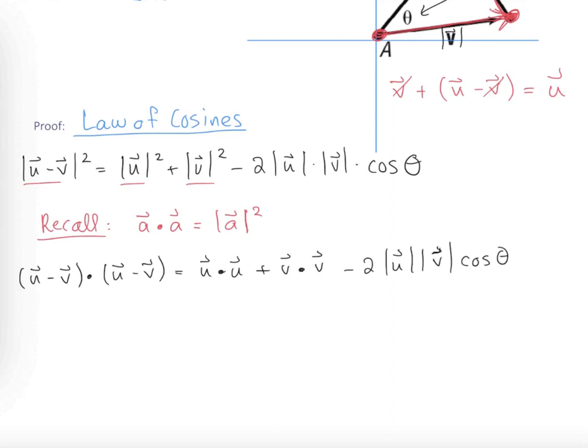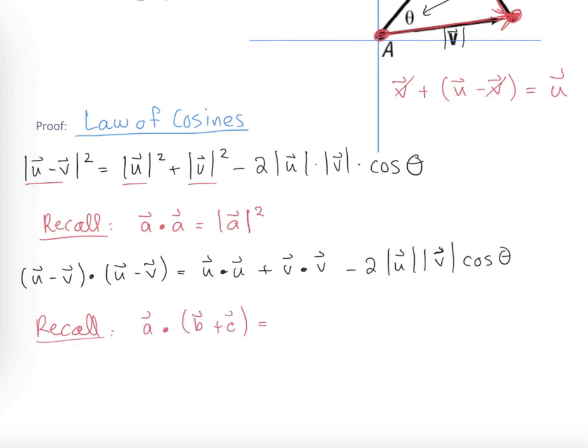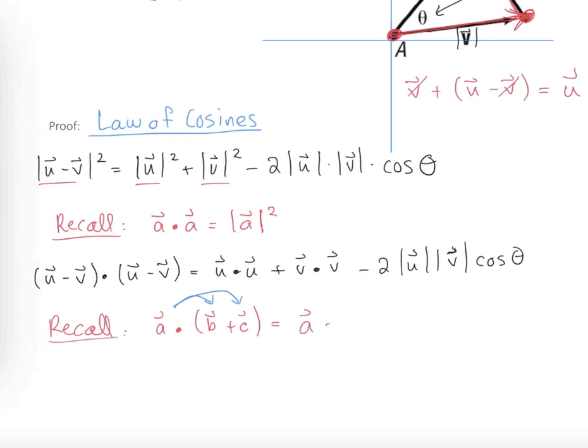And now let's look at another property that we've already discussed, which is that if I take two vectors, add them together, and then dot product with a third, the resultant would be essentially like distributing that dot product into the parentheses and getting a dot b, add that to a dot c.